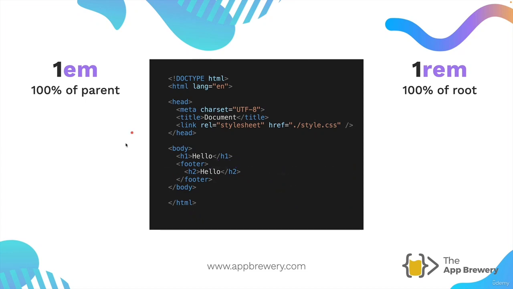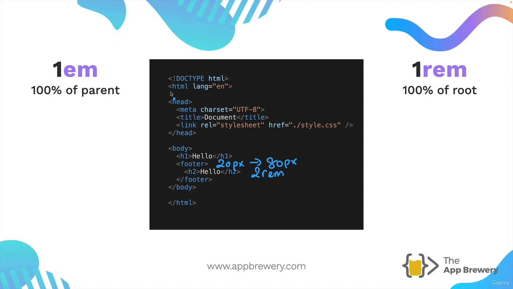On the other hand, if I had set this H2 to have a size of 2 REM, and I change the size of my footer from 20 pixels to 80 pixels, then it does not affect this whatsoever. It still remains the same size.